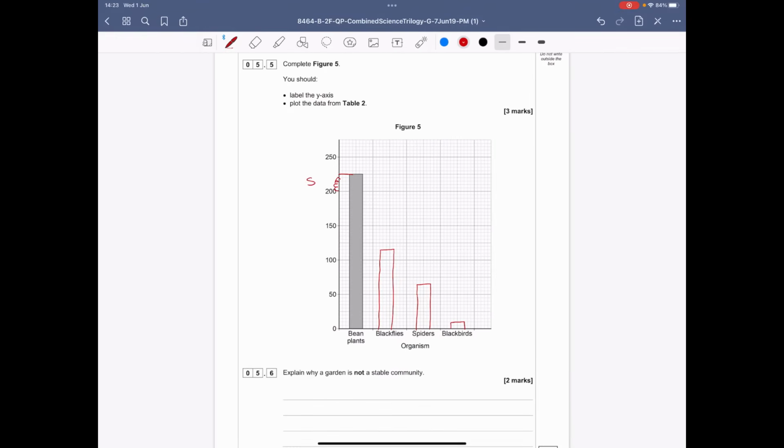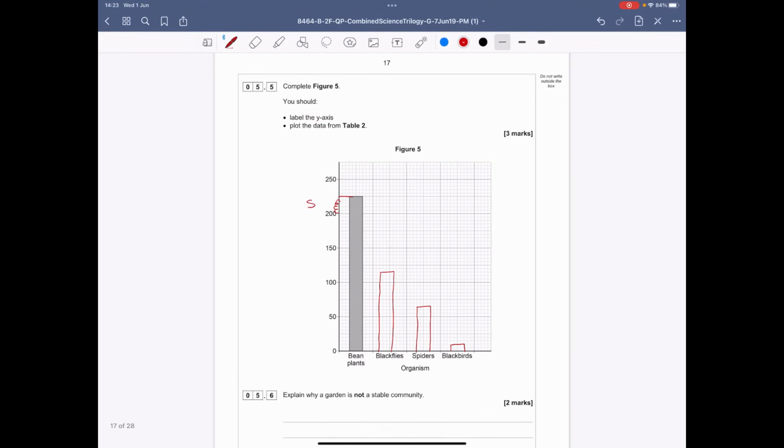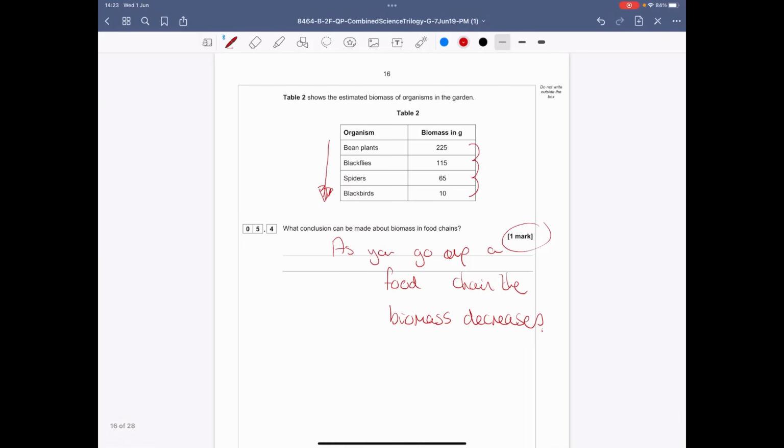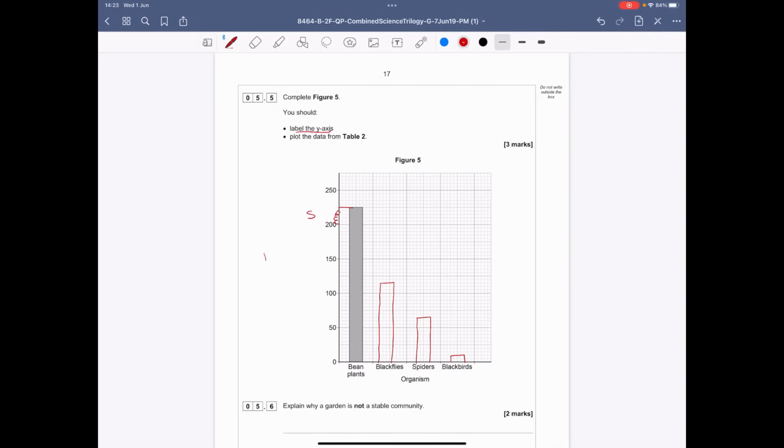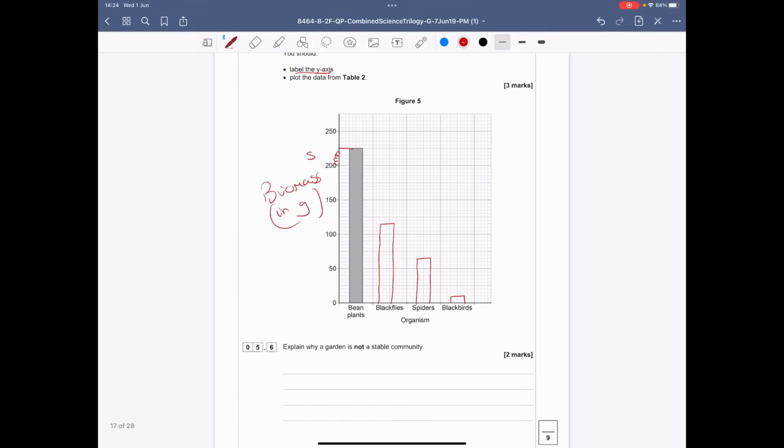We then need to label the y-axis, and when you do this you always want to make sure you use the same label that is on your table. So it's got organism at the bottom and it's got biomass in grams at the side. So make sure you use the same label from the table that they give you.